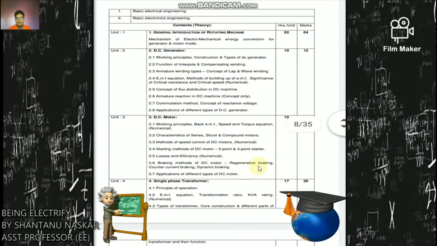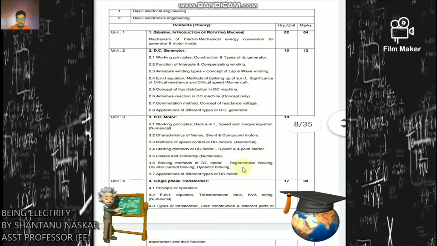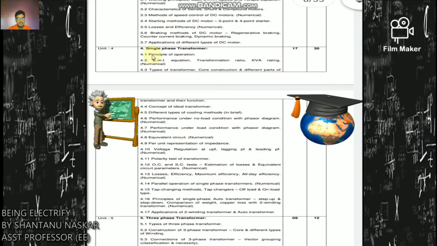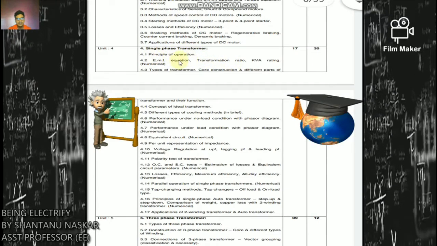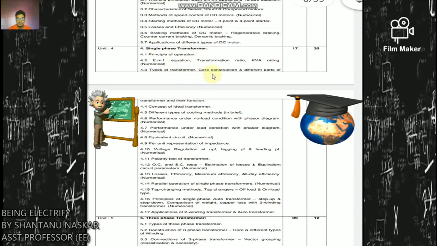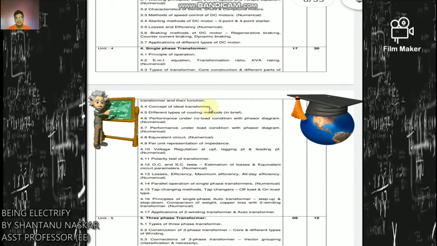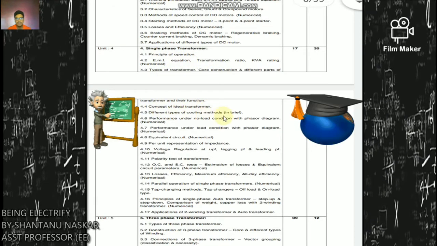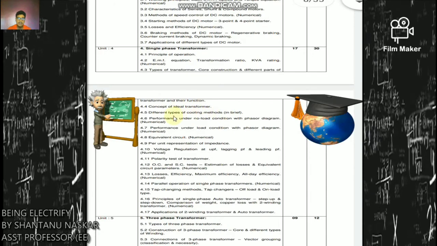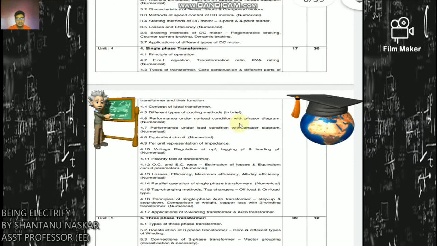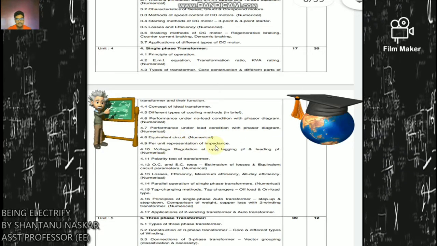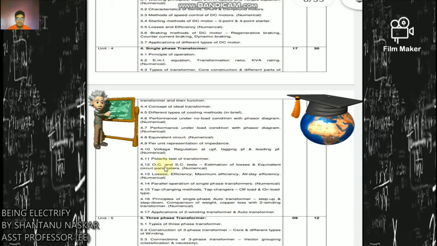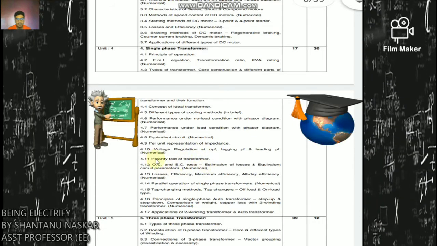For single-phase transformer, I have covered principle of operation, EMF equation, types of transformer, concept of ideal transformer, different types of cooling method in brief, performance under no-load condition with phasor diagram, and on load also, equivalent circuit, per unit representation, voltage regulation, open circuit, short circuit, and polarity test.